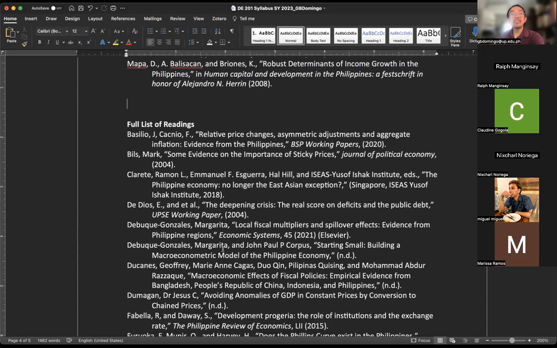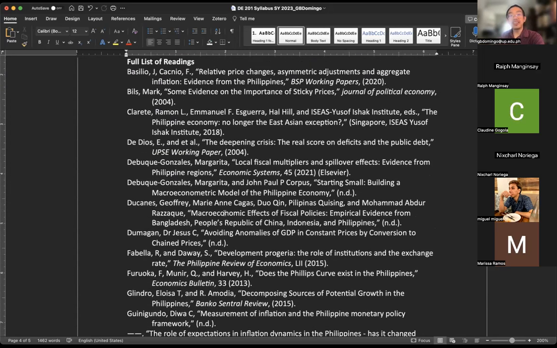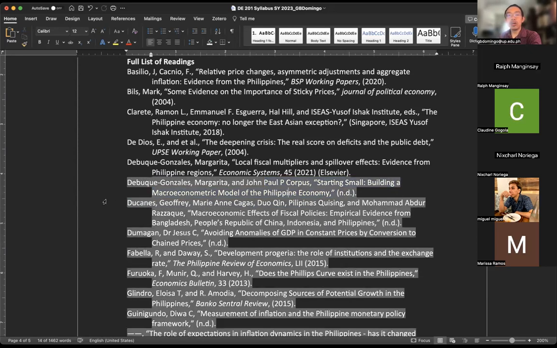And then here's a full list of readings for other things that are related to all of this. In particular, I'm quite interested in this macro model because what's cool about this is that all of the things that we're going to study about income determination in the short run can be quantified and turned into a small macro model.